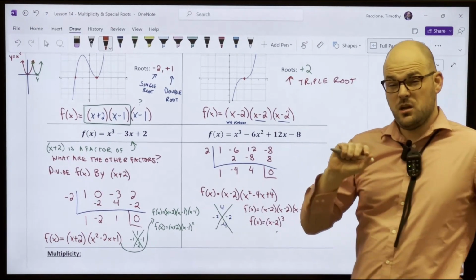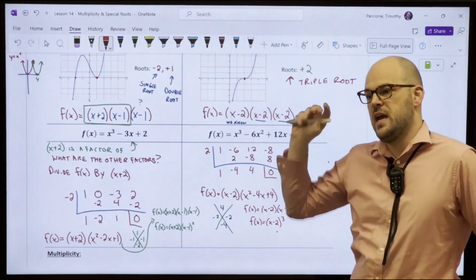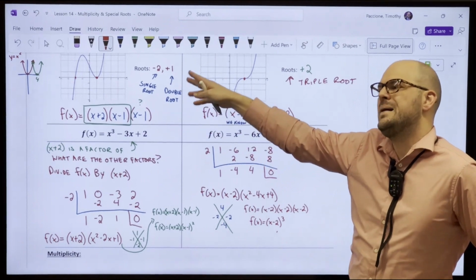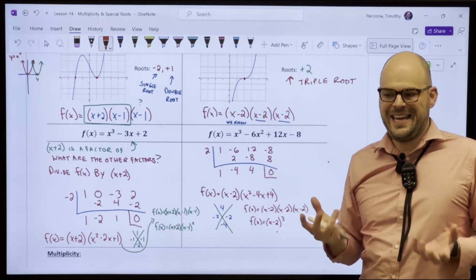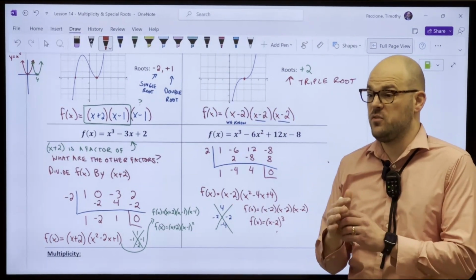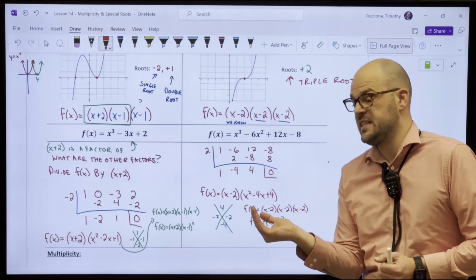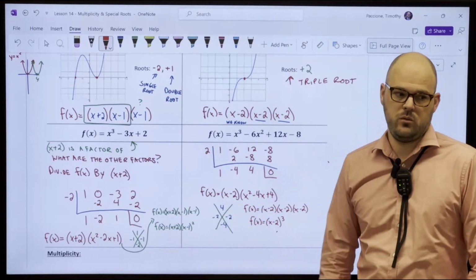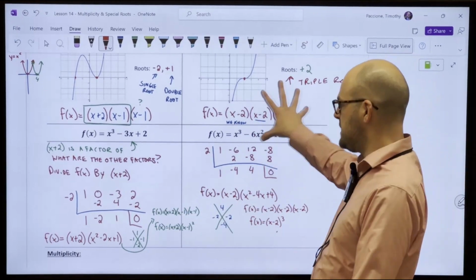So it's still going up. It doesn't change from down to up like happened at our bounce. But there's a change in what's called concavity, which is the shape of the curve. Is the curve facing up or down, right? And that will happen when you have a triple root, okay? So this is the noticing.